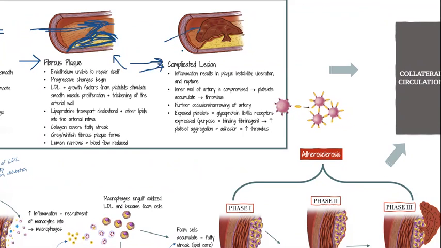Once that fibrous plaque ruptures or is unstable in some way, oftentimes it will grow a thrombus. That's when we're in really big trouble. There are a number of things that can happen from here.